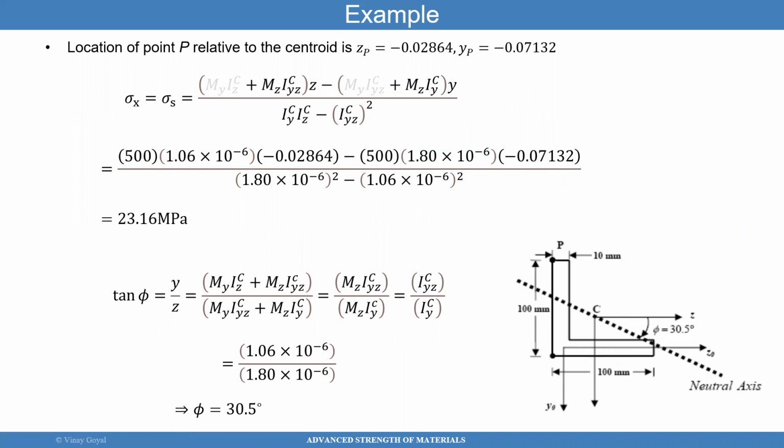The final question of the problem is what is the angle of that neutral axis, which should be measured from z. So that's the formula for that. You can see that My is 0, so Mz cancels out, and then you get just the ratio of the inertias. And when you do the calculation, the phi angle is 30.5.